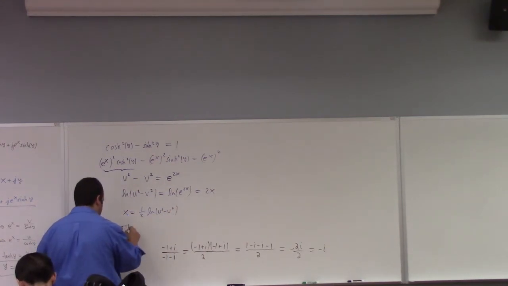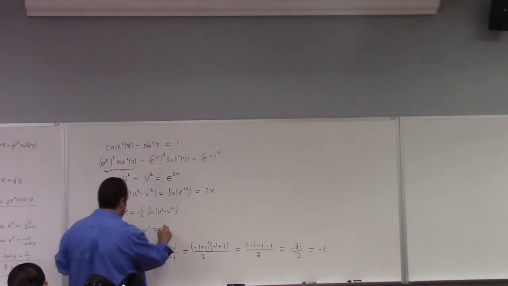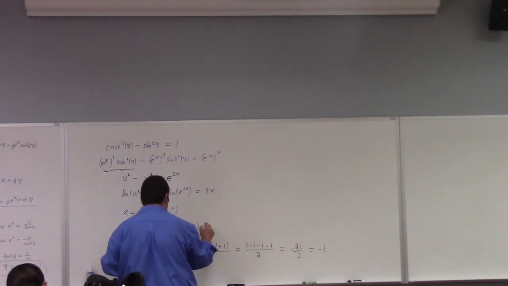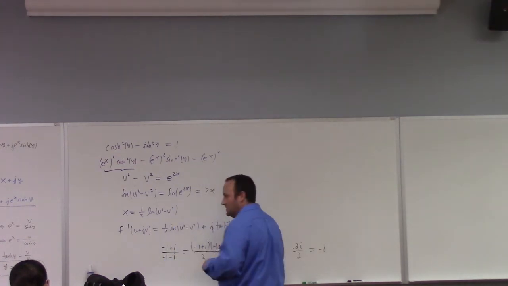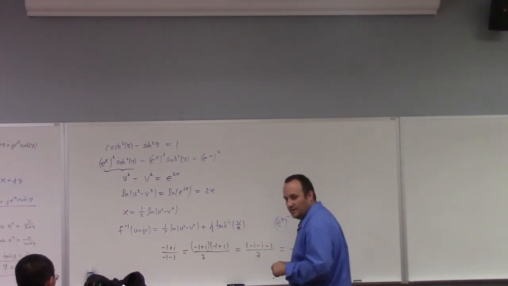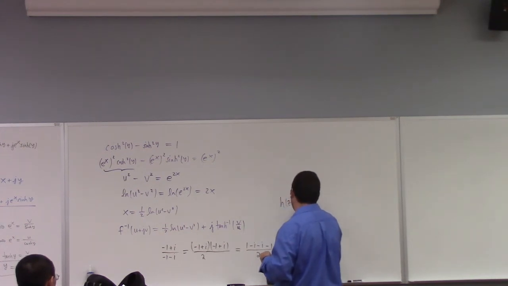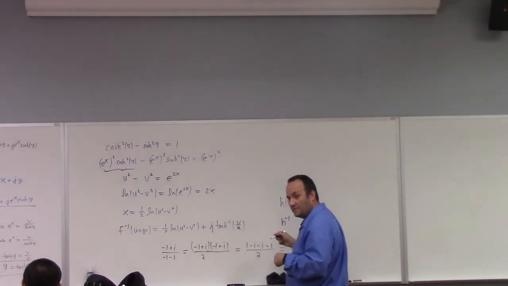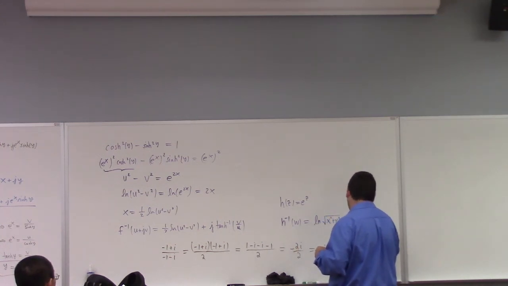And so we find that the inverse function of u plus jv is apparently equal to 1/2 the natural log of u squared minus v squared plus j times the inverse hyperbolic tangent of v over u, which I find deeply satisfying because if we look at the inverse function for the imaginary exponential, and this is bad notation, if I say h of z equals e to the z, then a local inverse for the exponential is given by the natural log of the square root of x squared plus y squared plus i times the inverse tangent of y over x.